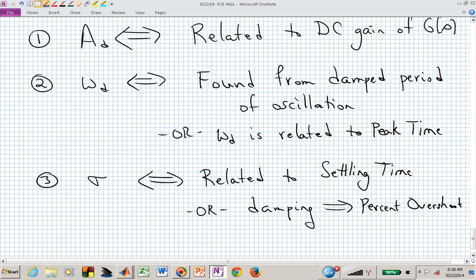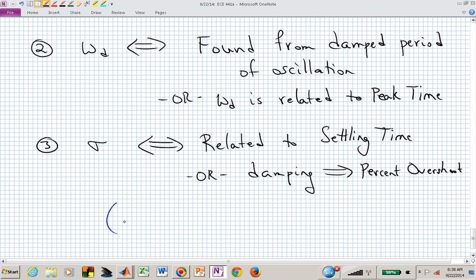All of these relationships are examined a little bit more carefully in demonstration number 1 and in the notes of demo number 1.